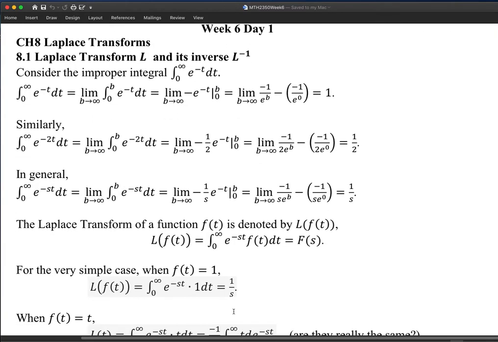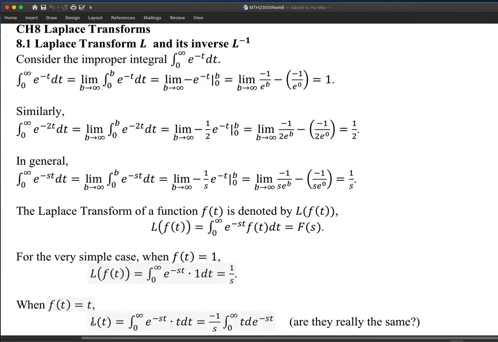And then, what about some linear functions? Let's consider the function t. This time we consider the Laplace transform of t. Again, according to the definition, it is the improper integral of e to the negative st times t. This time it is a little different.